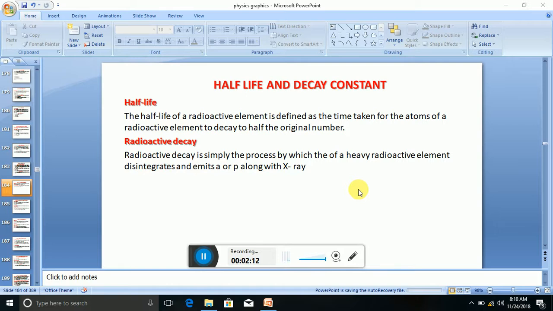That is what we call radioactive decay. So it's very important that you take note of this.